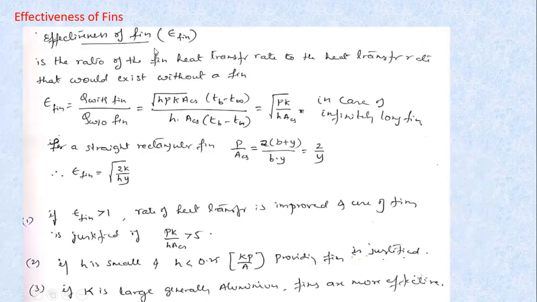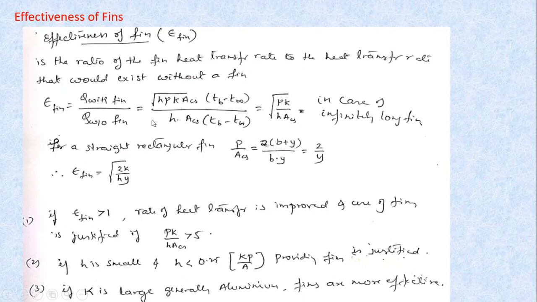Now, coming to the effectiveness of the fin, this is the ratio of the fin heat transfer rate to the heat transfer rate when there is no fin. So the rate of heat transfer with fin, in case of an infinitely long fin, as said in the previous case, is square root of HPKACS into TB minus T infinity.